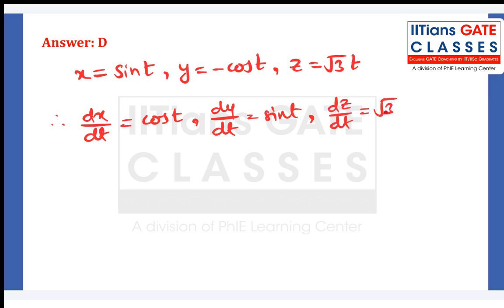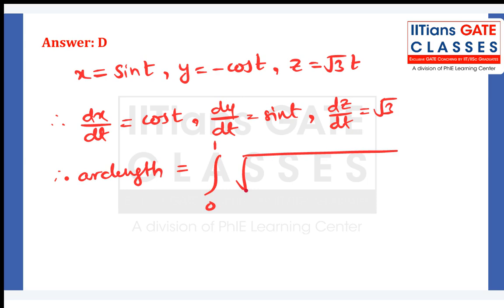Okay, and therefore your arc length, if you put this in the formula, will be integration from 0 to 1 square root of cos square t plus sin square t plus root 3 whole square multiplied by dt.